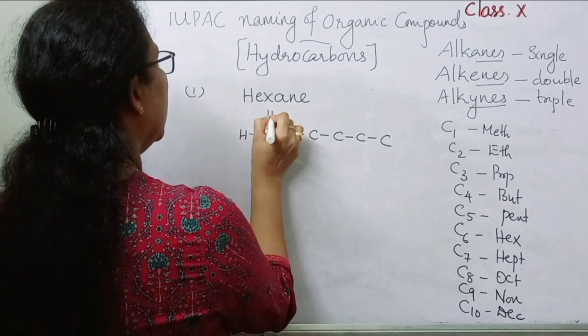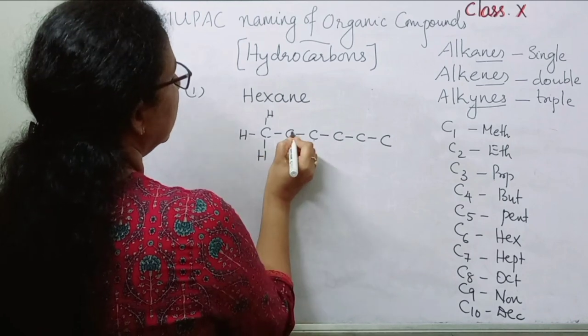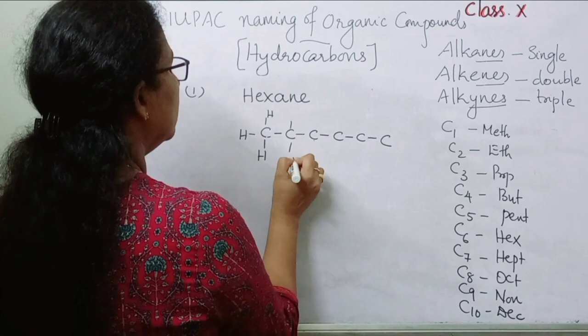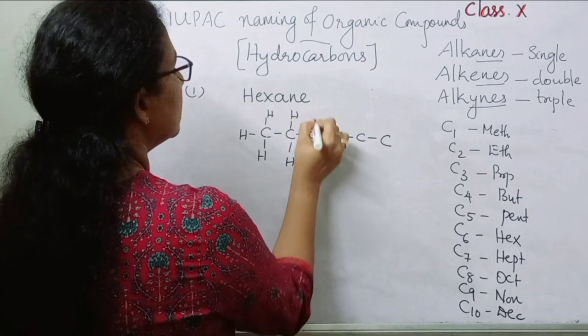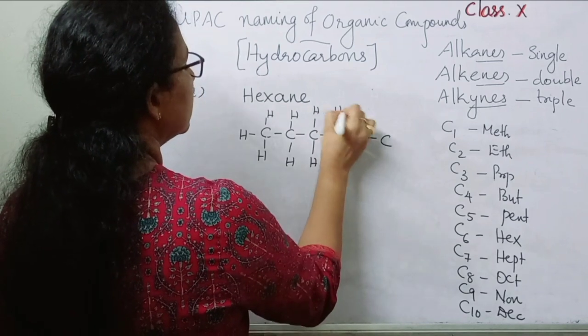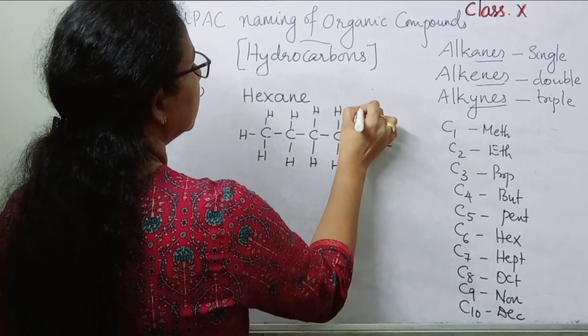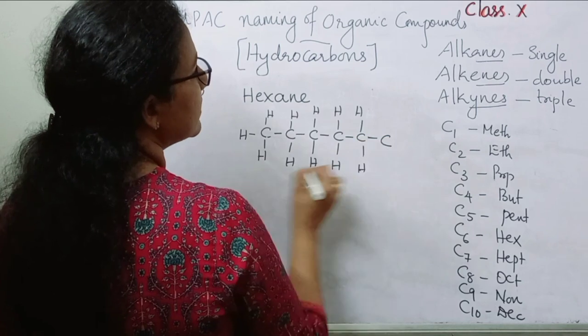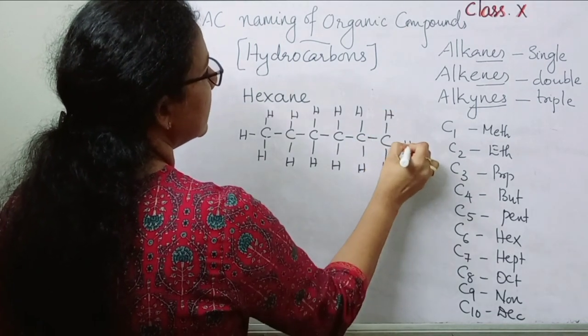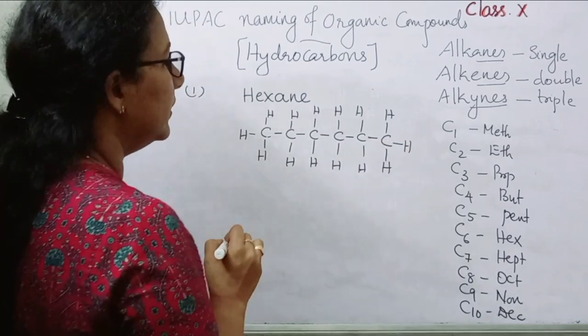So we can add hydrogen here. Then in this carbon, 2 valencies are satisfied. We need to add 2 more. Here also 2 more valencies are to be satisfied. Here also the same. Here also the same. And in this case, 1 valency is satisfied. We need to add 3 more. So 3 more valencies are to be satisfied with hydrogen.